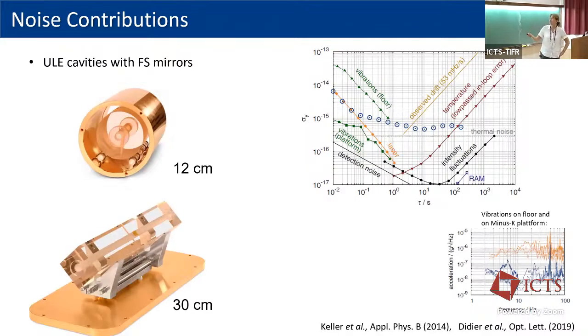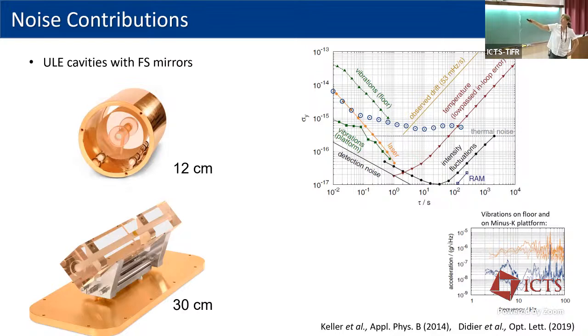And we investigated that in our first paper in 2014, where we published, in our case, all the different noise contributions. And you see there are many of them. The vibrations on the floor that we measure here at the level of 10⁻⁶ g are killing everything. That would be the vibrations if you just put something on a good floor. So you have to put it on an active vibration platform.